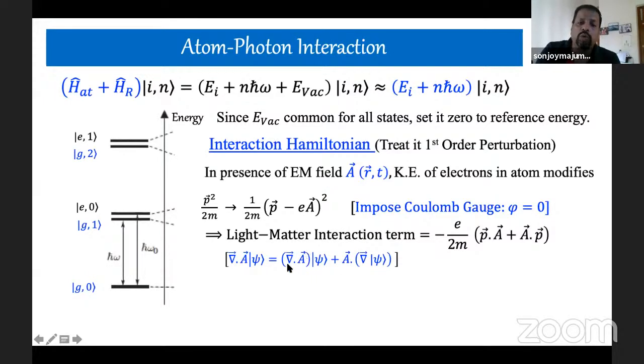Again we can use the Coulomb gauge, nabla dot A is 0, and so A dot p is coming back. Ultimately the A dot p term appears twice and the denominator factor of 2 goes off. So we can write the interaction Hamiltonian as minus e by m A dot p. This is the classical way we get the interaction Hamiltonian. I think it is clear to you.